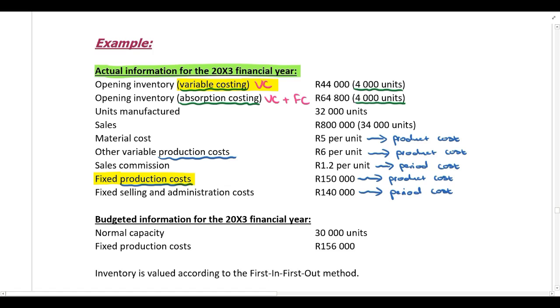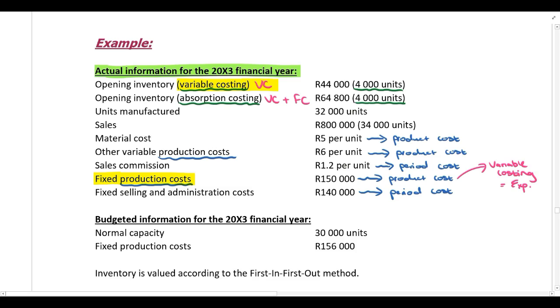So even though it's a manufacturing related cost, it will not be included in the cost of inventory. So let's just make a note of this. If we are using variable costing, this cost over here will have to be expensed in the period incurred. It will not be included in inventory valuation.